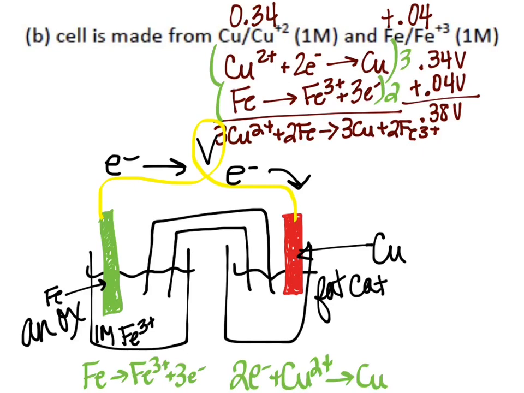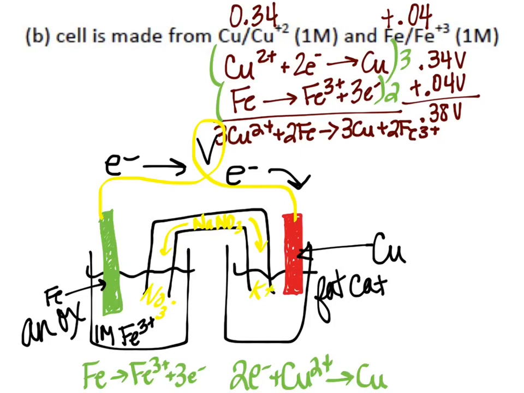And what is in the salt bridge? You want to do NaNO3? NaNO3. Where is the Na going to flow and where is the NO3 going to flow? So the iron, yes.